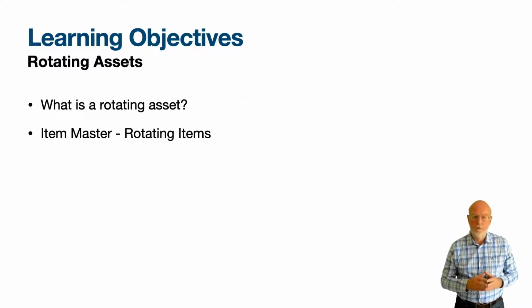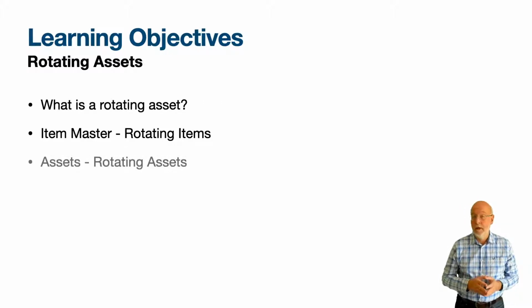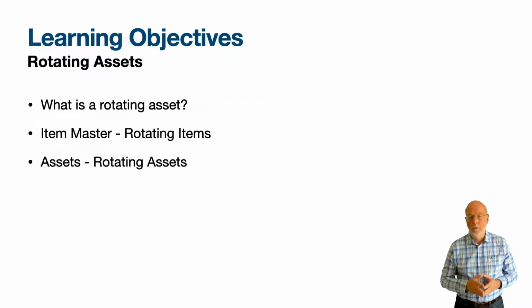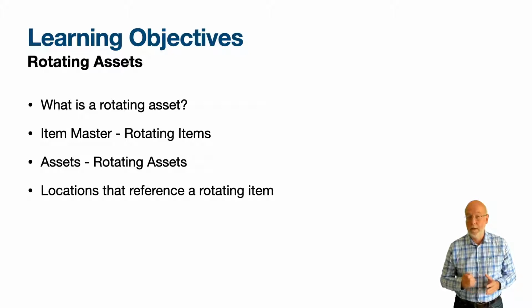We'll then dive across to the Assets application and look at assets that reference a rotating item, a rotating asset. Finally, we'll take a look at the Locations application and what happens when a location references a rotating item. So let's get started.